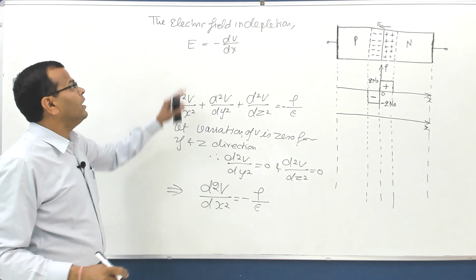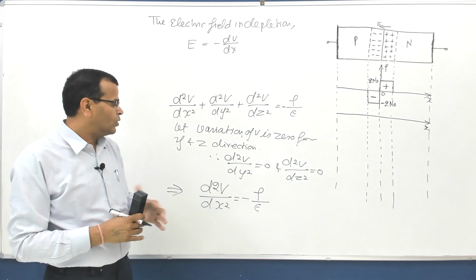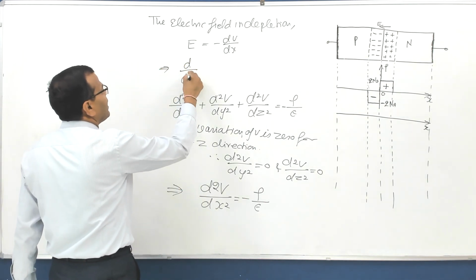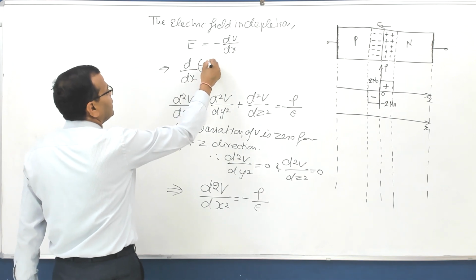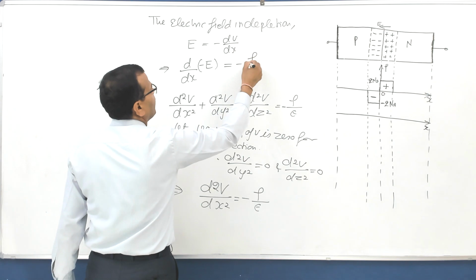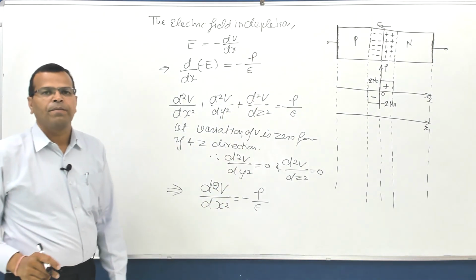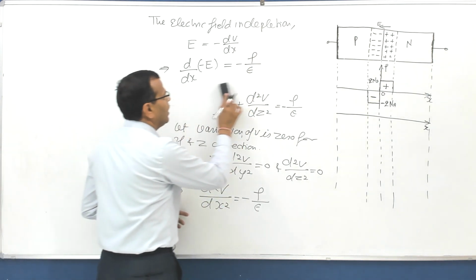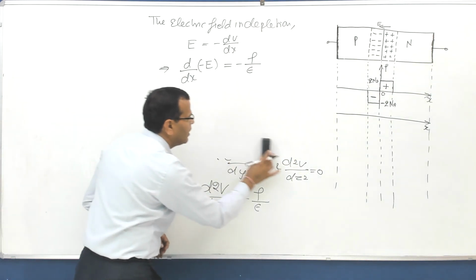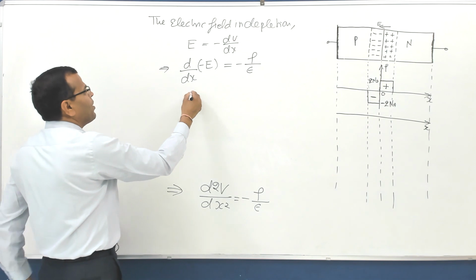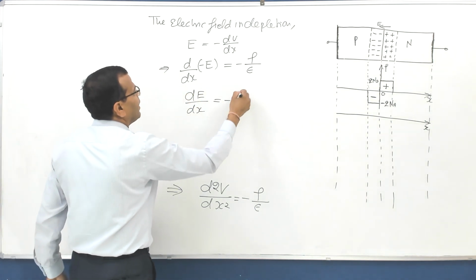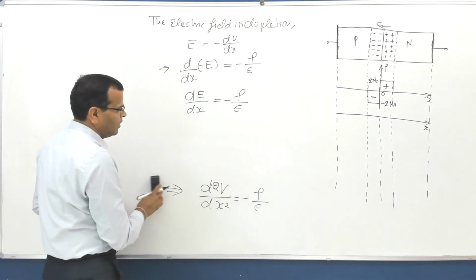So here E is minus dV by dx, so I can write d by dx of minus E, because dV by dx can be separated, is equal to minus rho by epsilon. So I'll rewrite this equation again. We get dE by dx is equal to rho by epsilon.